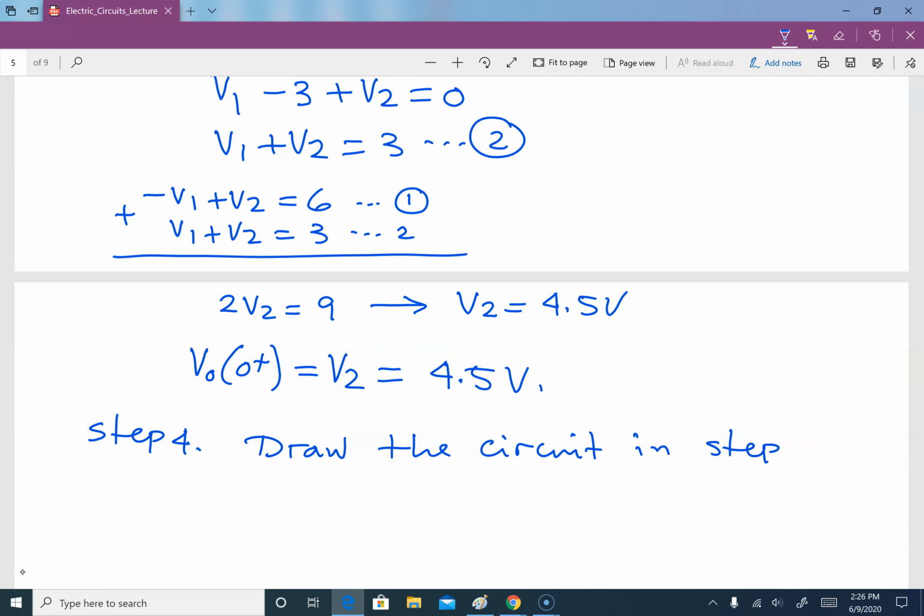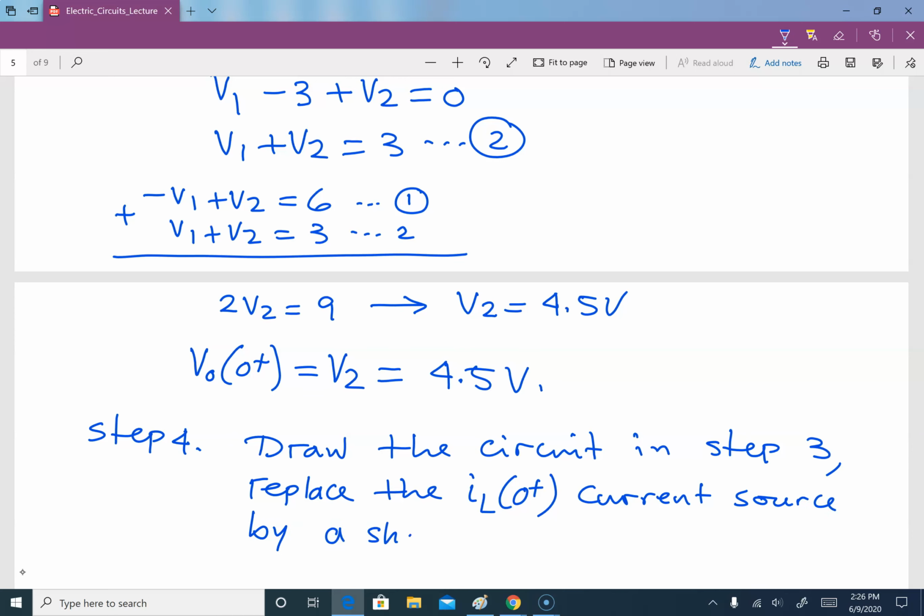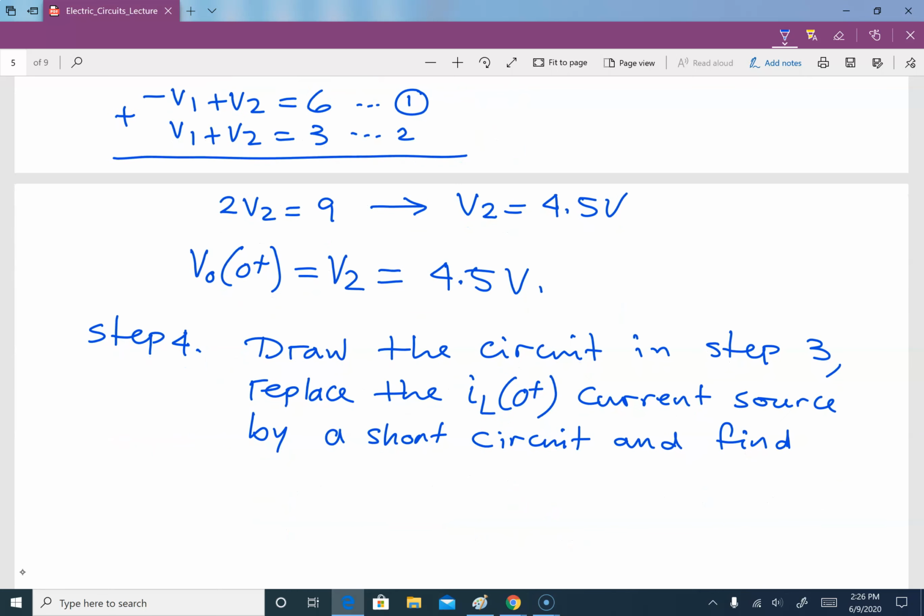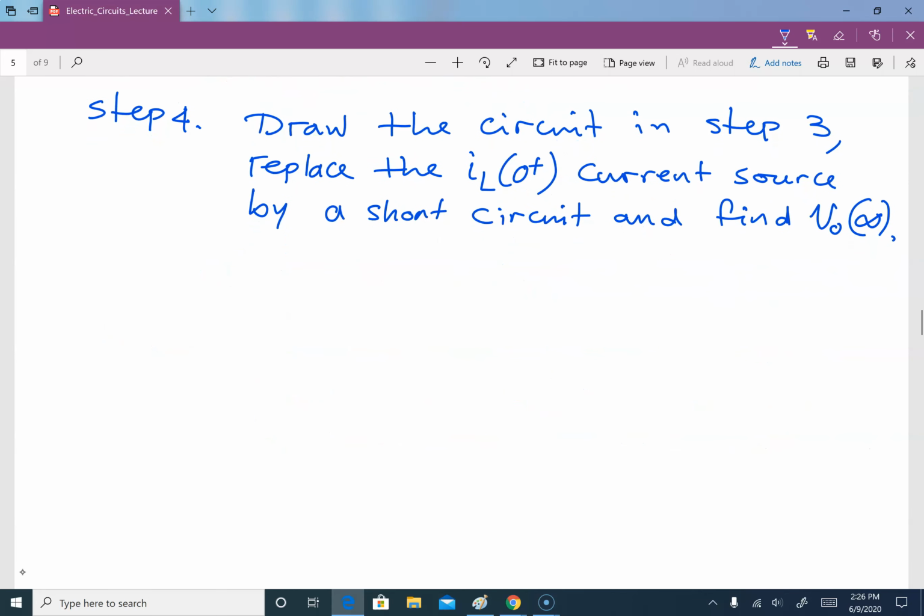In step 3, replace the IL of 0 plus current source by a short circuit and find V0 of infinity. This is what we will do.